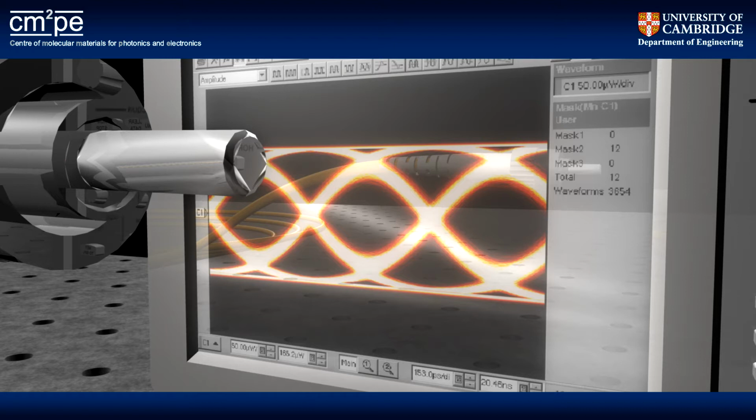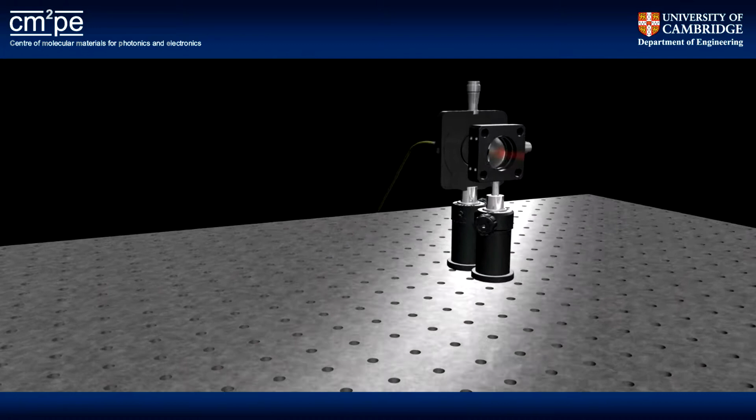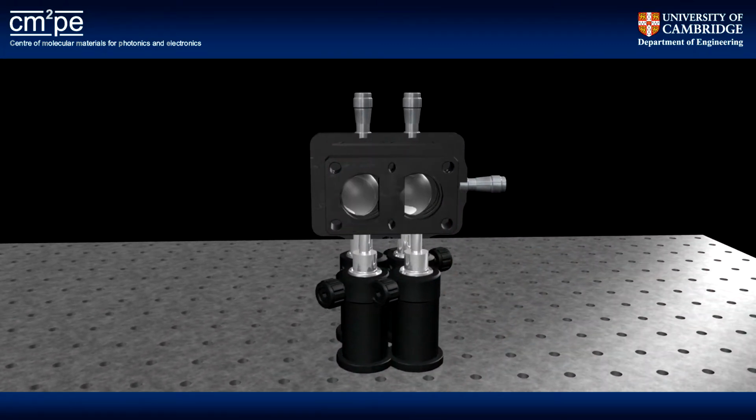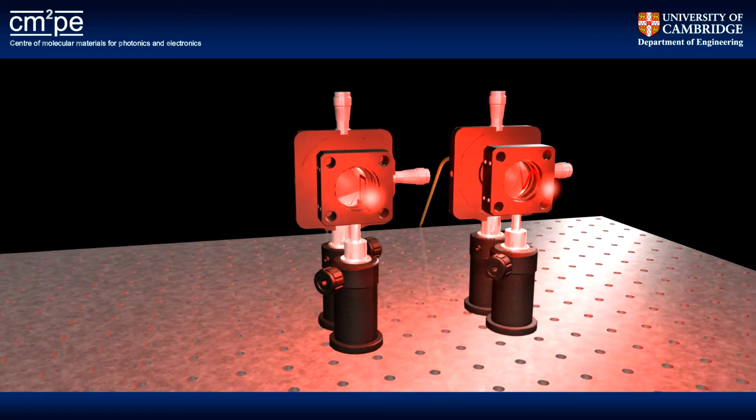But it should also be possible to take this idea further, to truly exploit the modal nature of the fiber itself. So what if, rather than having a single laser modulated with a single channel of data, you have multiple lasers modulated with multiple independent channels of data?